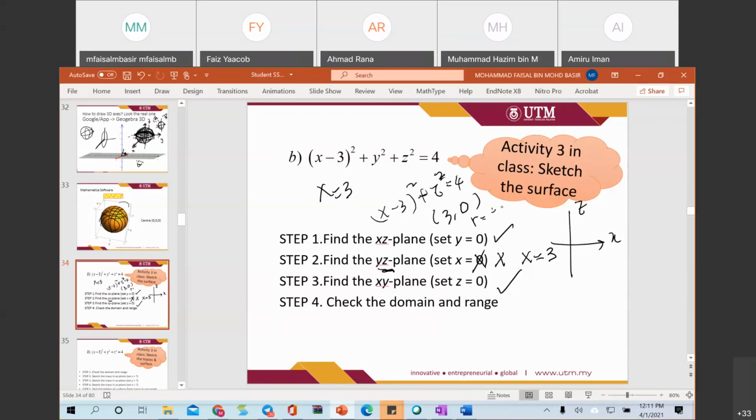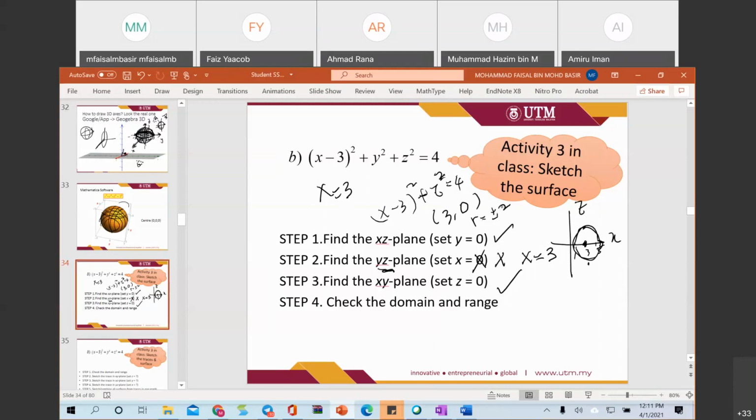Radius is plus minus 2. You have a circle with center x3, z0. So from here to 2, this is 5, this is 3, and this is 1. So we have radius 2, 2.